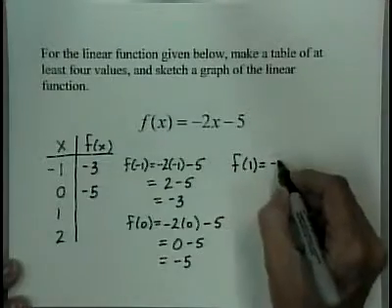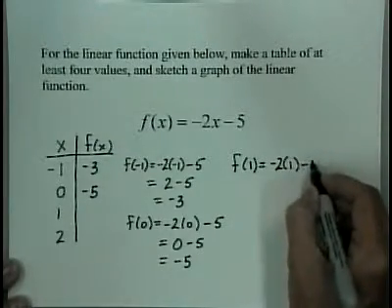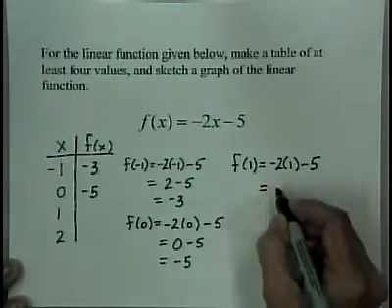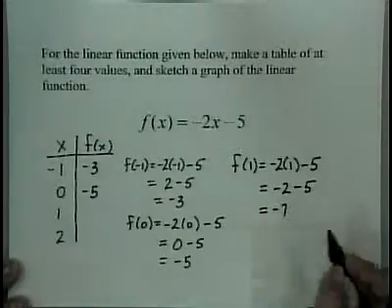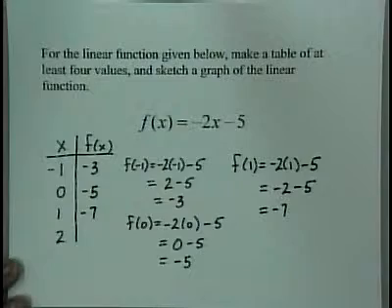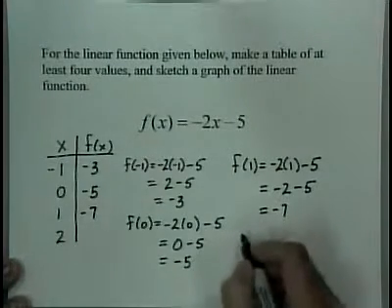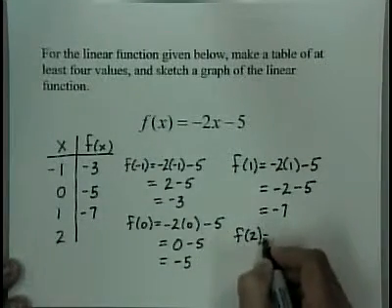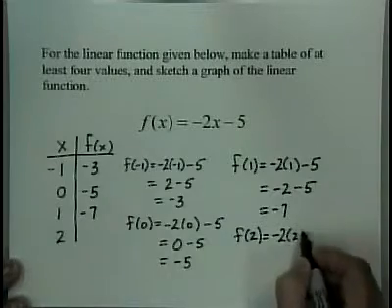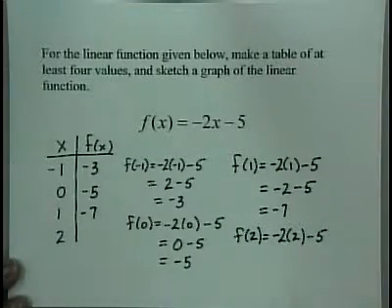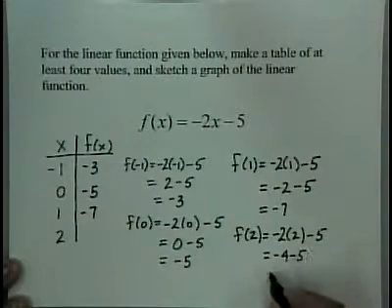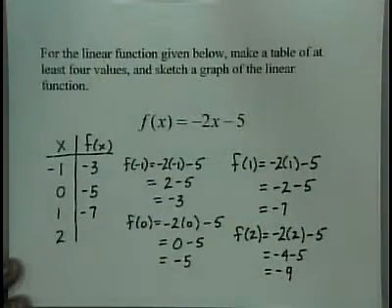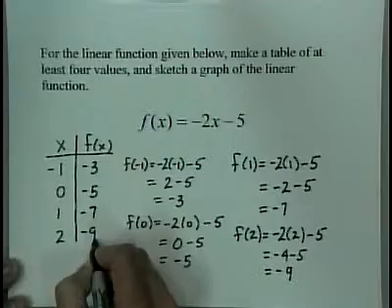According to my function, that's -2 times 1 minus 5, or -2 minus 5, which is -7. I can fill that in the table. And finally, I want to find f of 2, which is -2 times 2 minus 5, or -4 minus 5, which is -9. I'll fill that in the table.